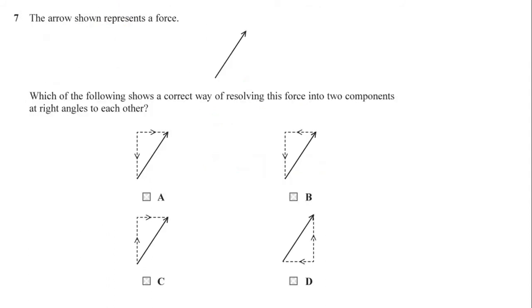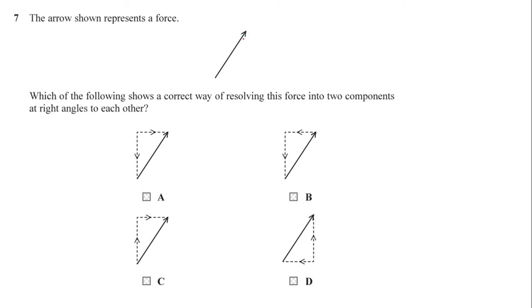Question number 7. The arrow shown represents a force. Which of the following shows a correct way of resolving this force into two components at right angles to each other? It's all about resolving a vector into components. You can resolve the vector either below the arrow or above the arrow.